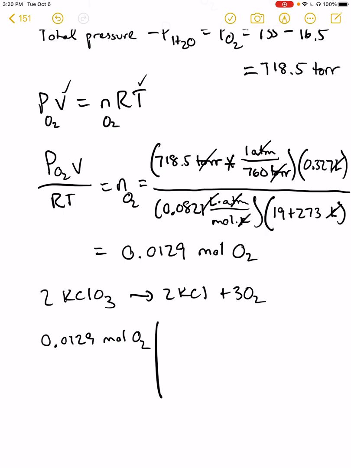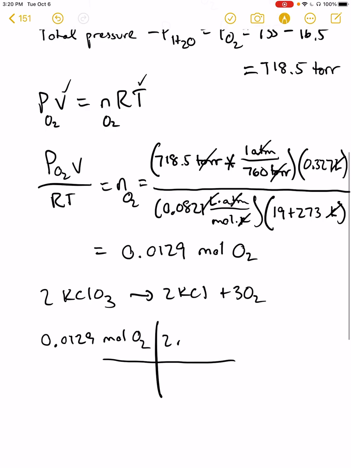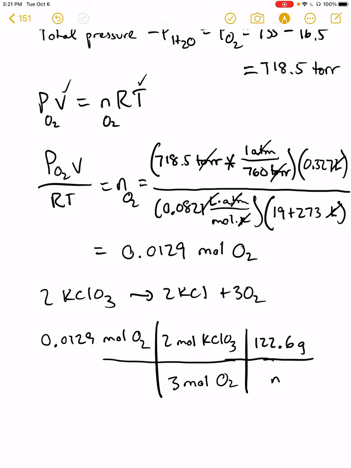In the stoichiometry of my reaction, I can see that I have 2 moles of potassium chlorate for every 3 moles of O2. I can then convert that to grams. The molar mass of potassium chlorate is 122.6 grams per mole.